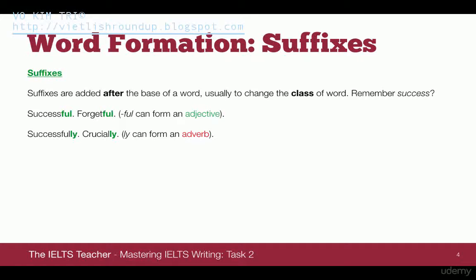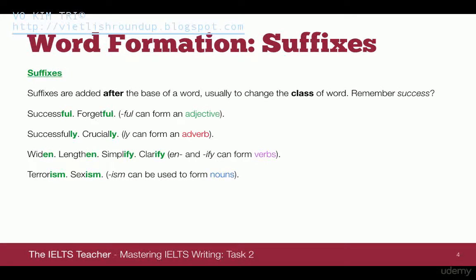Ly can form an adverb from an adjective. Widen, lengthen, simplify, clarify. So en and ify can form verbs. Whereas terrorism, sexism, ism can often be used to form nouns.